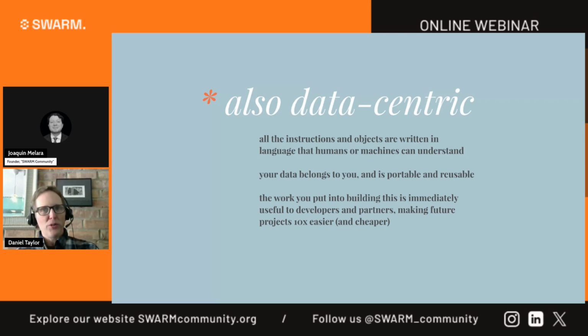It's data that belongs to you and is portable and reusable. It's not locked away inside a platform. And the work you put into building this and the data you put into it is immediately useful to yourself, but also developers and partners making future projects, even moving to a different platform, orders of magnitude easier and cheaper.